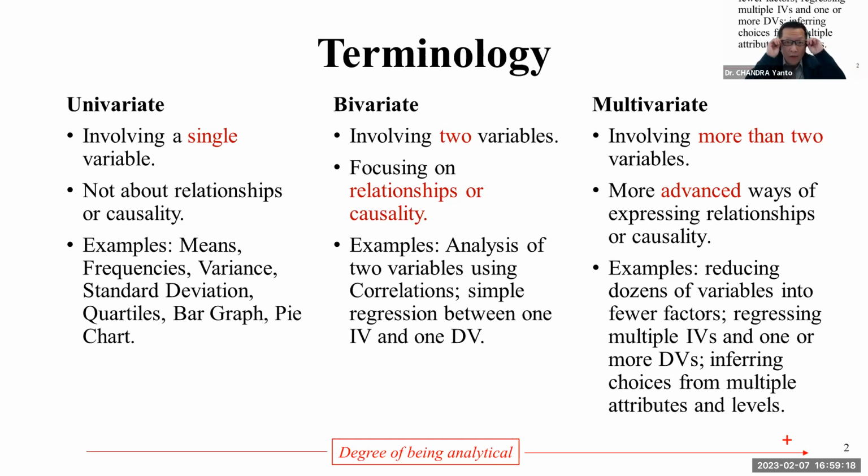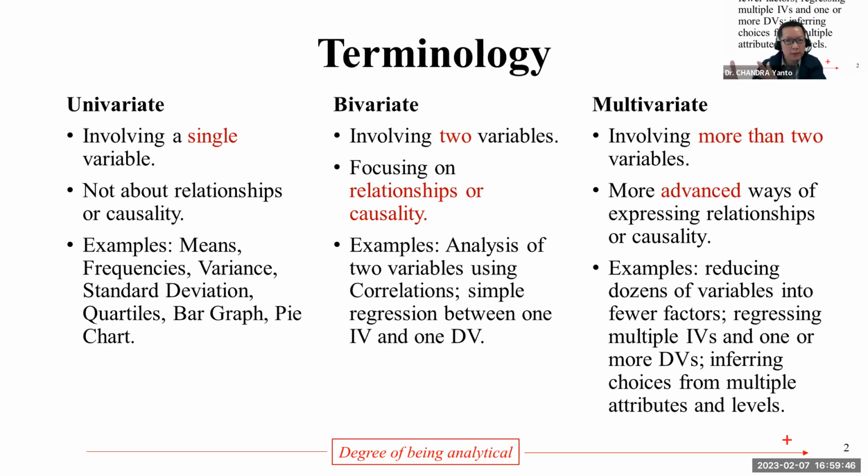Now, bivariate statistics always involve two variables at a time. For example, when you are looking at the relation between two variables in a correlation, you are already involved in bivariate statistics. Or if you're doing a very simple linear regression between one variable and another variable, this is also considered bivariate statistics.